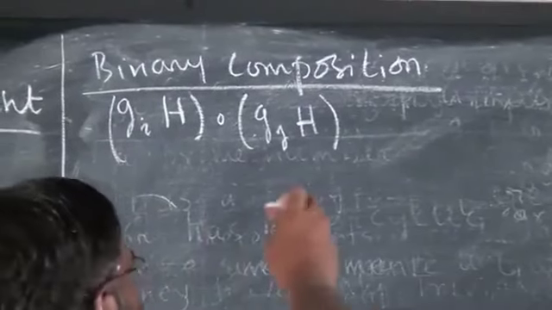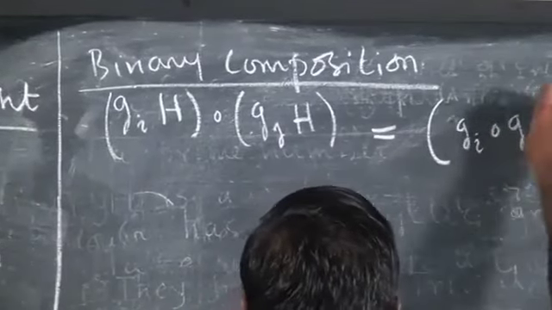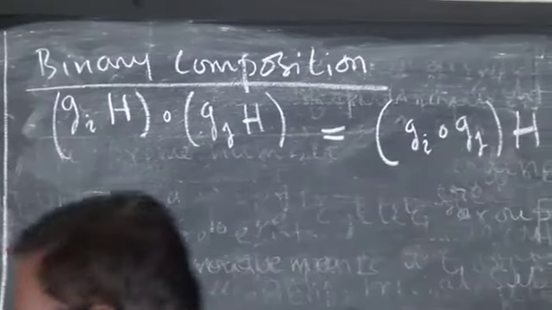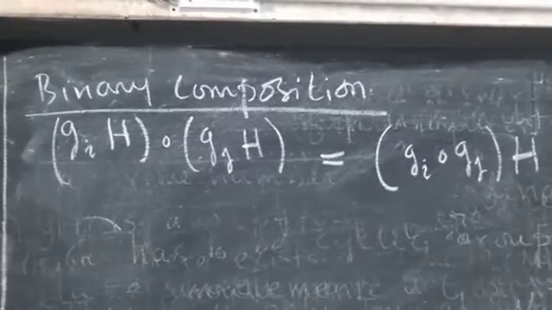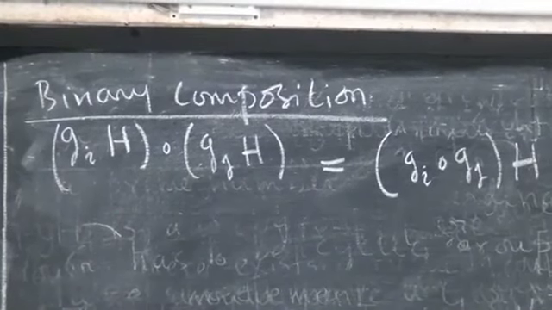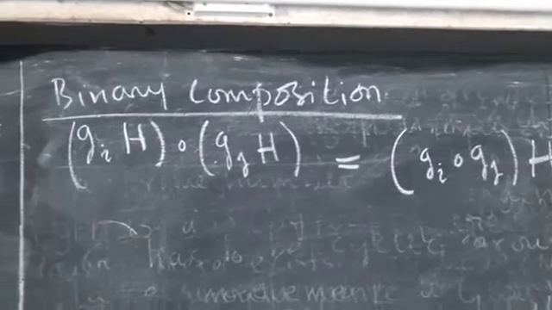Okay, this is equal to gi composition gj. This is another element, right? That element, take the coset with that element. Okay, now you know this, if you take any 2 elements here, compose them like this, the third element also will be in the same set.